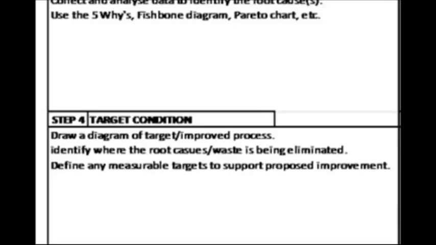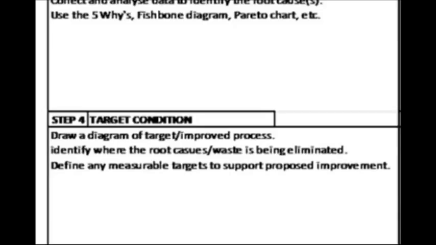And then once you've identified that target condition or the goal that you're aiming for, you would create a diagram, a value stream map, a future state map, for instance, or a flow chart, or some other kind of a layout diagram or something like that. And in that diagram, you would identify where you have eliminated the root causes of the waste or the problem.